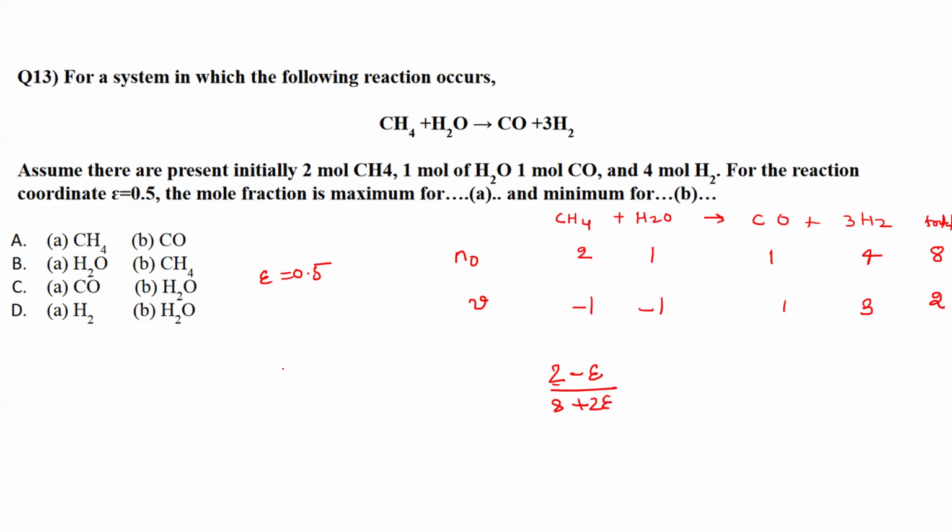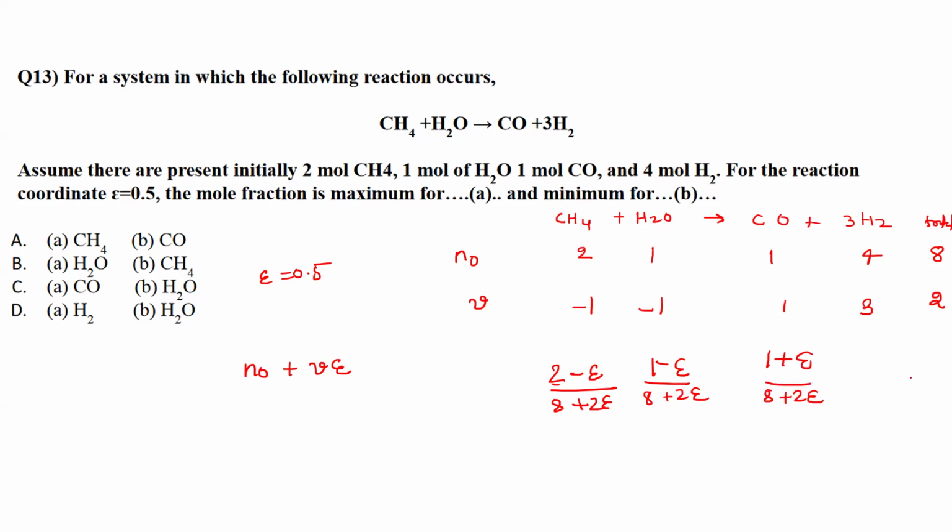N naught plus mu epsilon is giving this. Mu is completely 2 epsilon. For H2O, initially 1 mole was there, so 1 minus epsilon by 8 plus 2 epsilon. And similarly for CO, 1 plus epsilon, the stoichiometric coefficient is plus 1, by 8 plus 2 epsilon. And for H2, 4 plus 3 epsilon by 8 plus 2 epsilon.